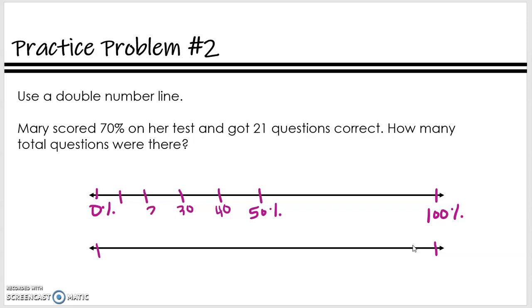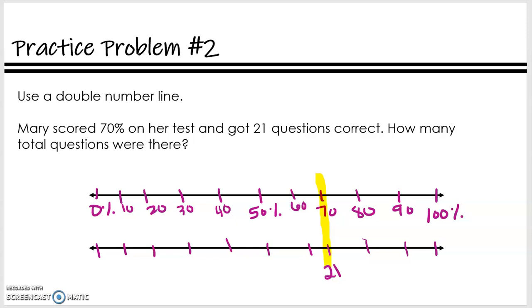It's not perfect. Sorry about that. Then we have 60, 70, 80, 90, 100. And so I'm going to make a little mark right here. That's where we're going to, 70%. And I'm just going to make the same marks below as above. Okay, remember this was 21.